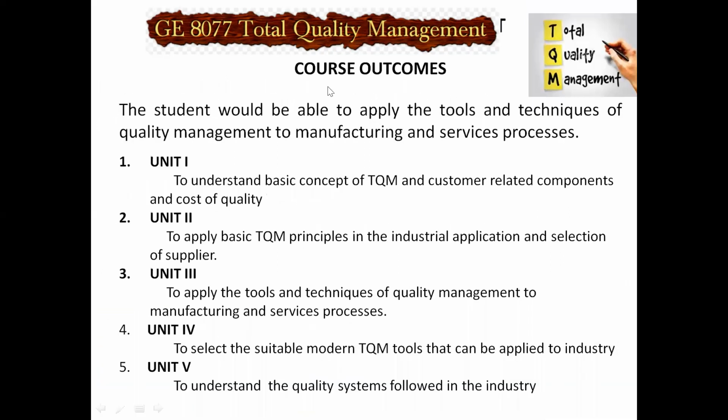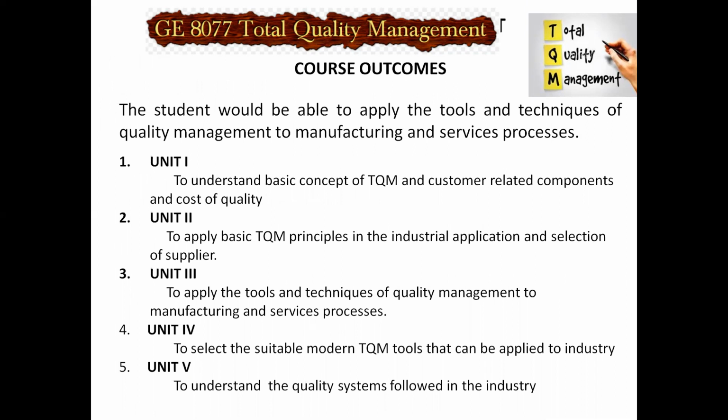Now, after completing this course, after studying these 5 units over 3 months, what can students achieve as the outcome of the course? First, the student can understand the basic concept of TQM, customer related components and cost of quality. In unit 2, to apply the TQM principles in industrial applications, and how we are going to select a supplier.